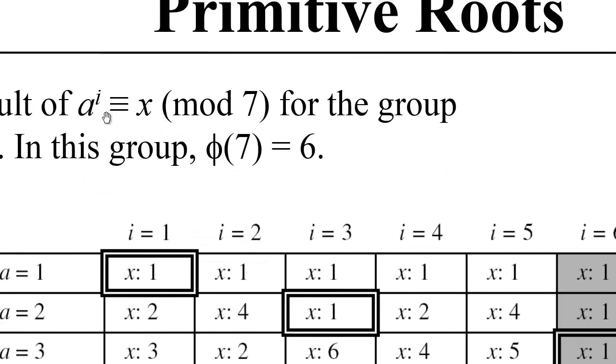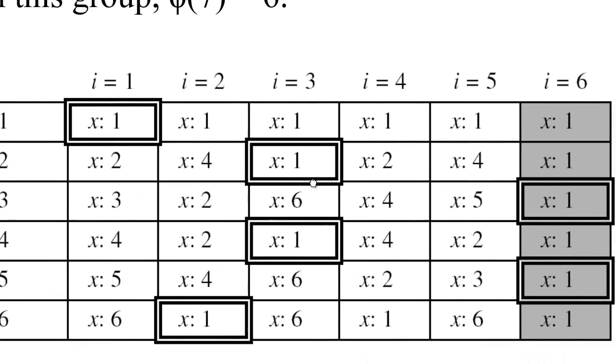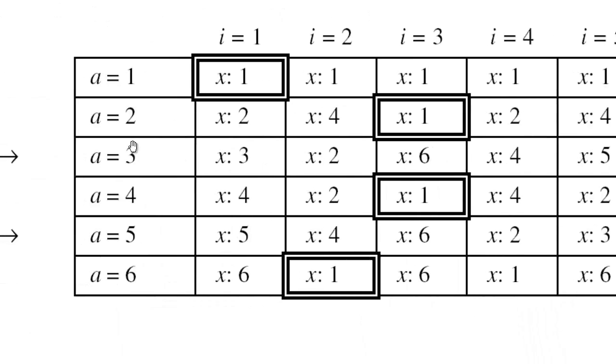That is what is given here: a power i congruent to x mod 7, right. Then I am taking 2 power 1 is 2 mod 7, and 2 power 2 I get 4 mod 7, then 2 power 3 I am getting 8, that is 1 here, 8 mod 7. Similarly, I go for a power 4, again you will get 1.